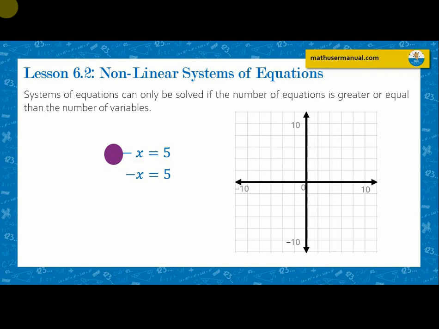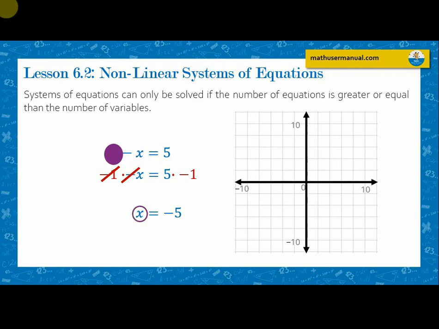And in order to get rid of the negative, we either divide or multiply by negative 1. So let's multiply times negative 1. That way the negatives cancel. But if we do it on one side, we also have to do it on the other side. So we get 5 times negative 1, and 5 times negative 1 is just negative 5. So x equals negative 5.